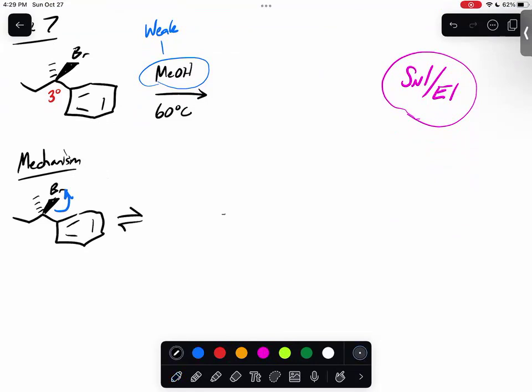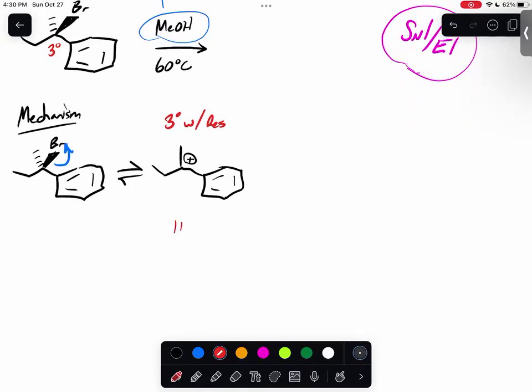And now what we have is a tertiary carbocation that is in fact stabilized by resonance. So this guy is also not going to do any rearrangements because it is technically the most stable carbocation we can form, of any. So that means that we're going to split into two paths here. For the top one, we'll be showing what happens for the SN1. For the bottom one, we'll show what happens with the E1.